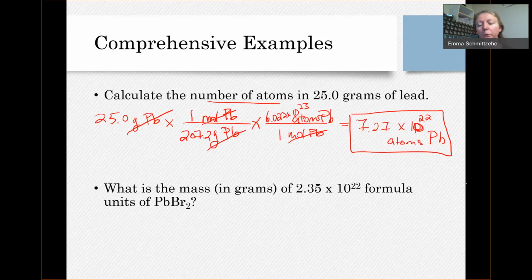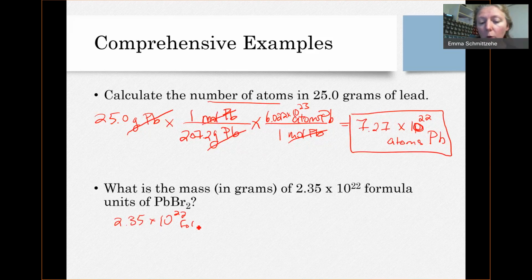Okay, so that's that one. Now the next one says, what is the mass in grams of 2.35 times 10 to the 22nd formula units of lead bromide? Okay. So I only have one number given to me, so I'm going to start with that. Okay, so 2.35 times 10 to the 22nd formula units.